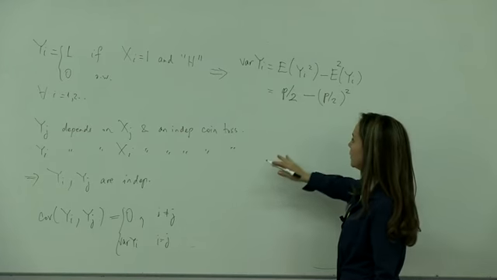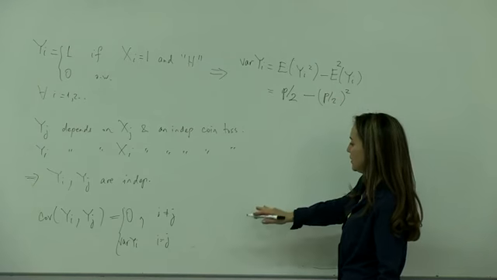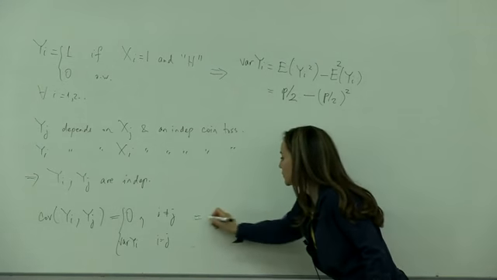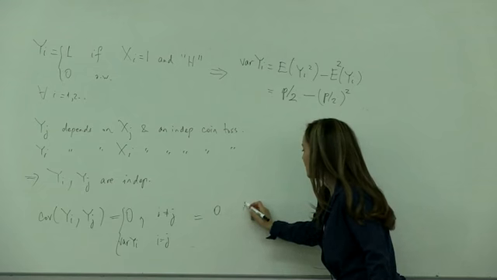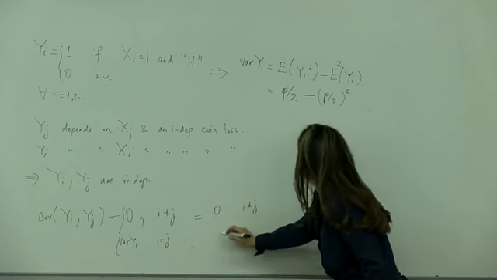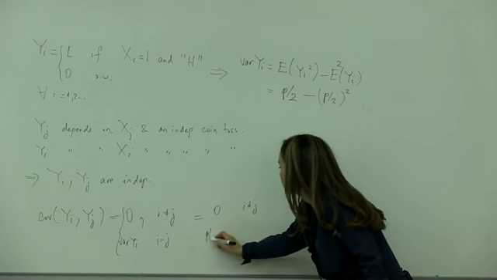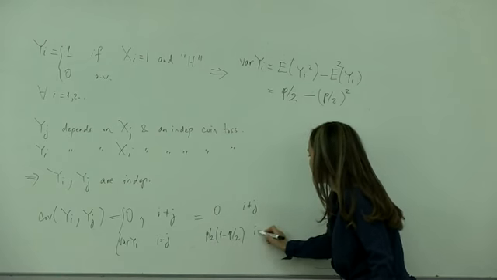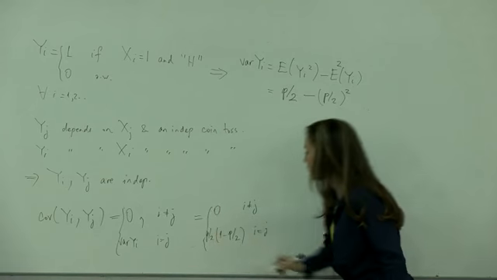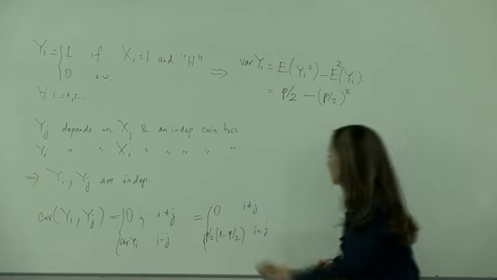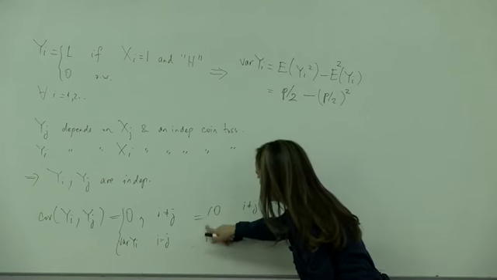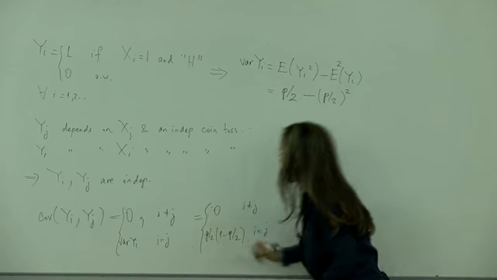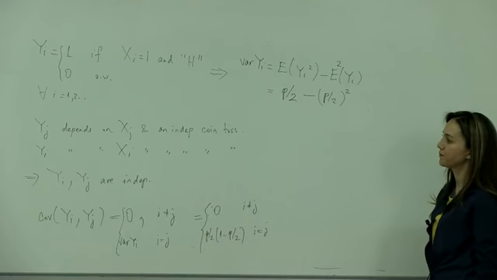What's next? Let's substitute. The covariance is 0 if i is not equal to j, and it's p over 2 times 1 minus p over 2 if i is equal to j. So we got the covariance of yi and yj.